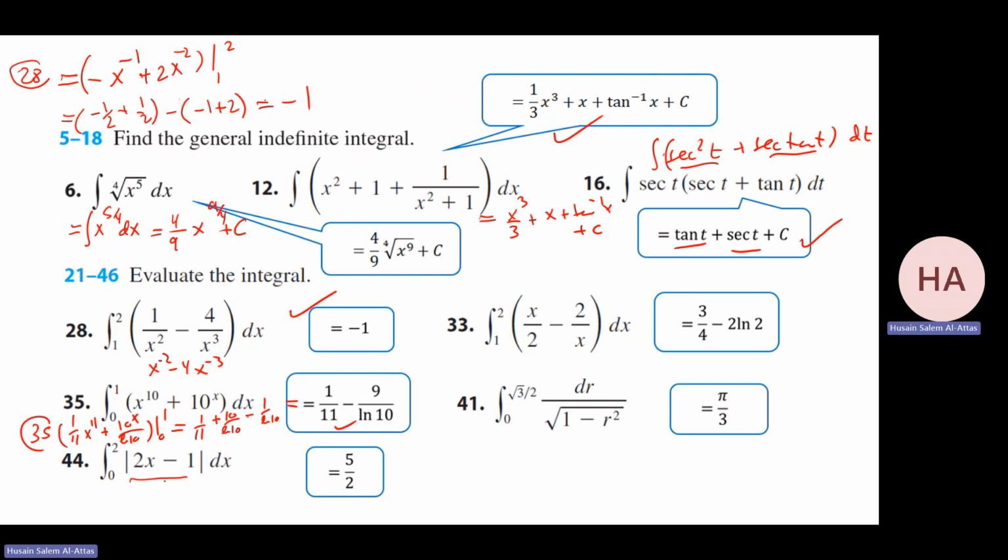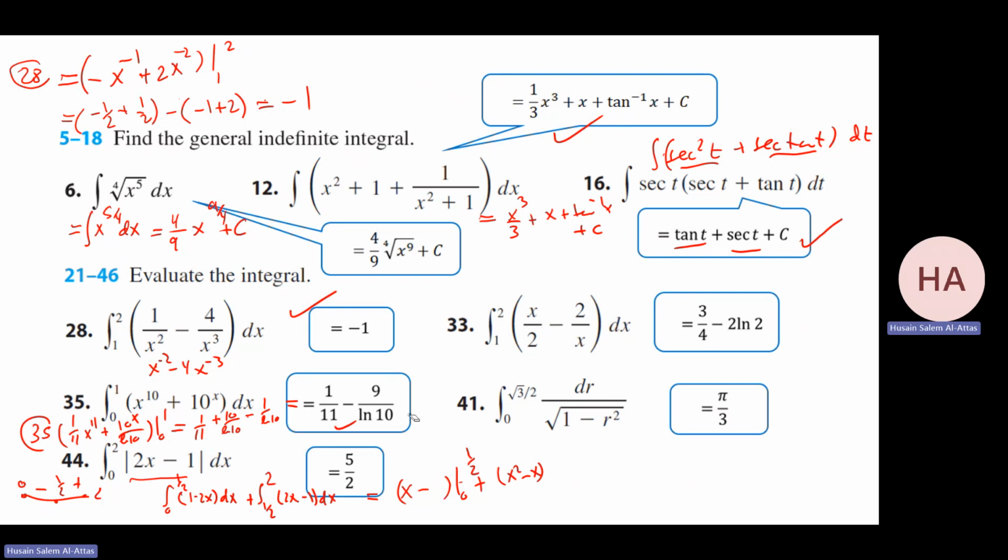This one is split into 2 parts: from 0 to half, where this will be the negative 1, plus from half to 2, the positive 1. Here it's negative, here it's positive. So I have x minus x squared over 2 from 0 to half, plus, just to review the things we did before, x squared minus x.